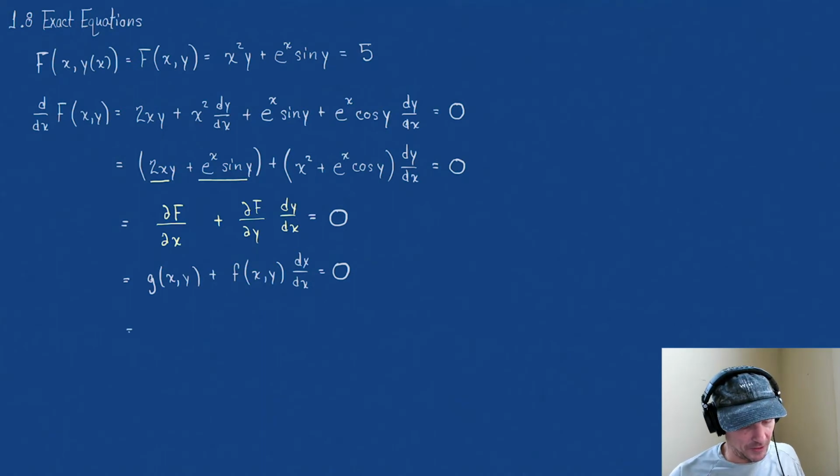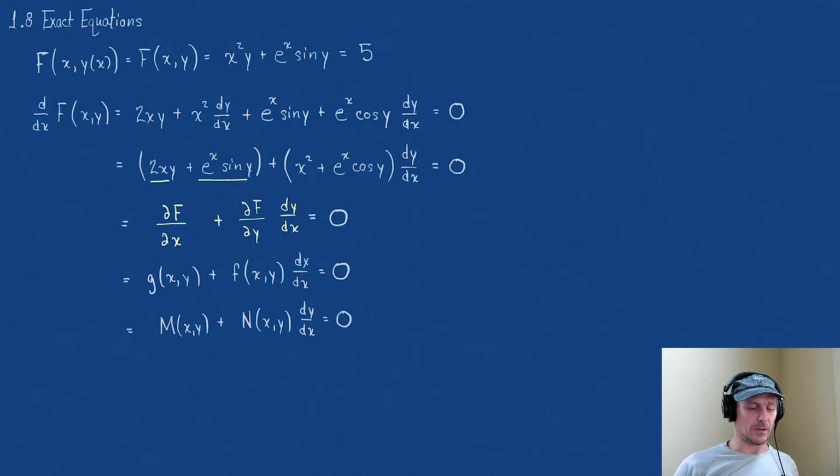Some textbooks you'll see this g written as M of x, y, and f as N. But we'll be consistent with the author of our textbook, but just so that you're aware, should you look at other places or other math literature.